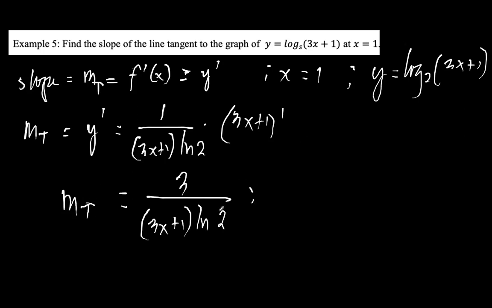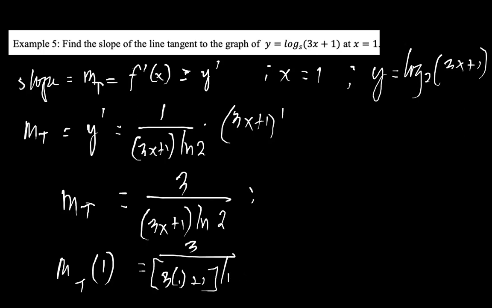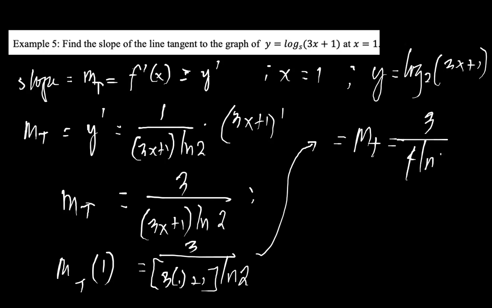Now we want to know the specific slope of the tangent line when x is equal to 1. So m tangent at 1 is equal to 3 over 3 times 1 plus 1, times ln 2. So the slope of the tangent line is equal to 3 over 4 ln 2.